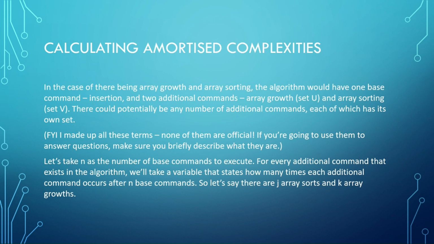So with the two additional commands, sorting and growing, let's say after n base commands there have been j array sorts and k array growths. If we know the value of n, then we can look at the algorithm or the code to logically calculate what j and k might be.